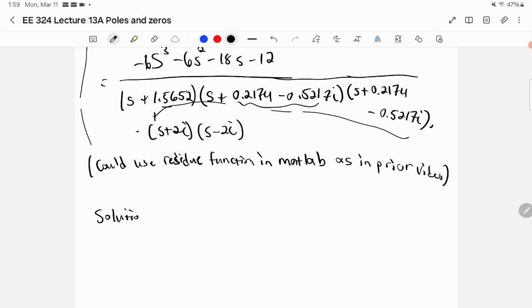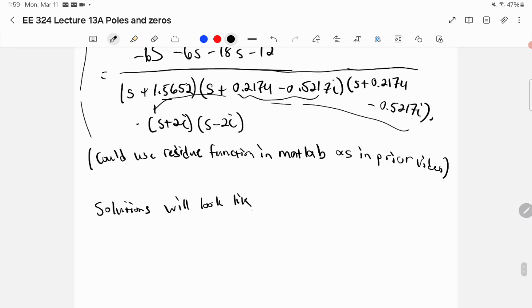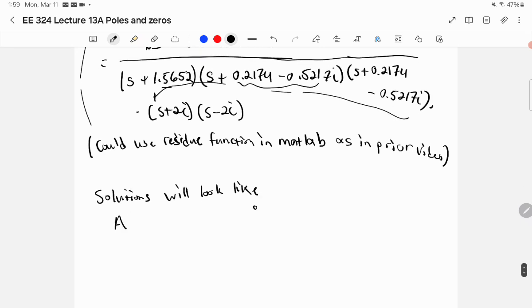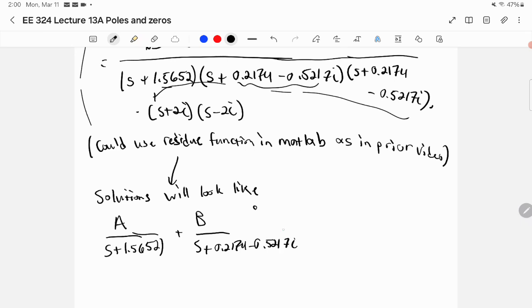Solutions will look like A over s plus 1.5652 plus B over s plus 0.2174 minus 0.5217i.